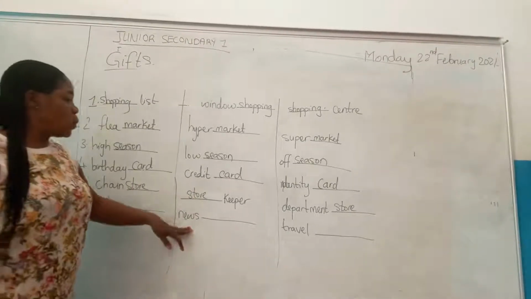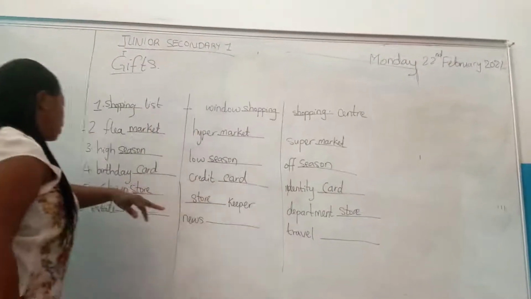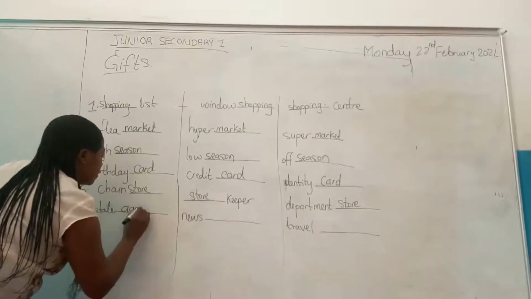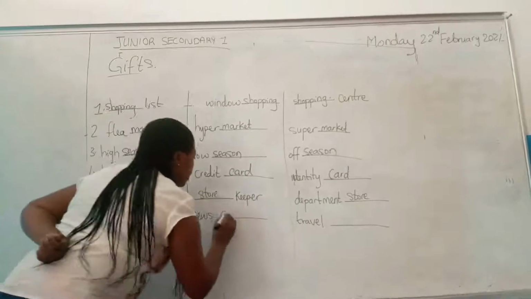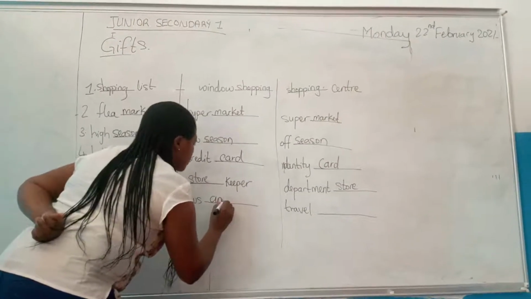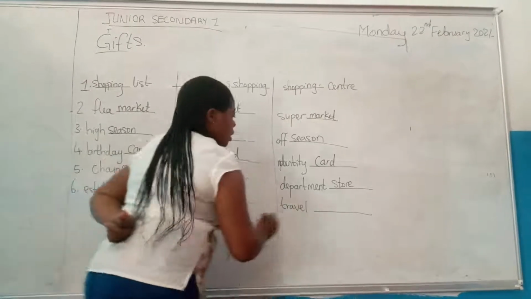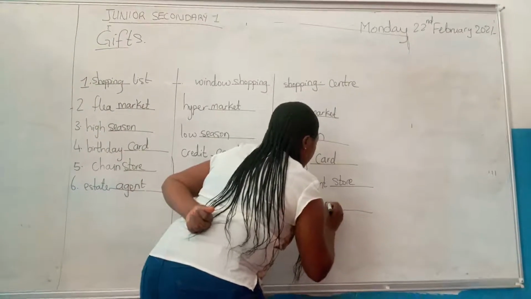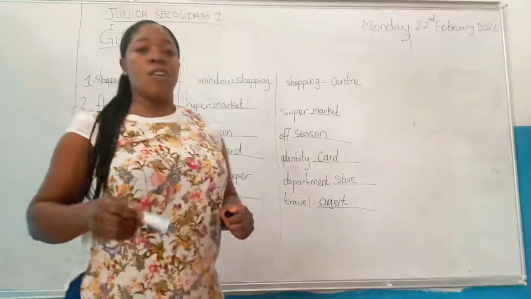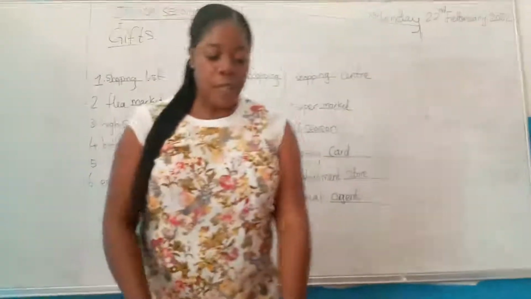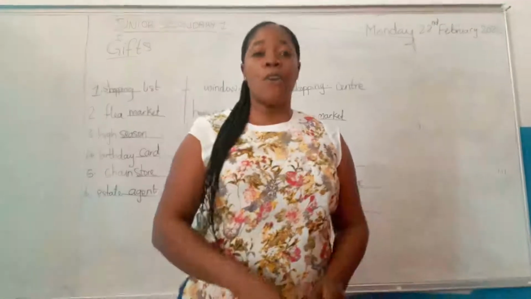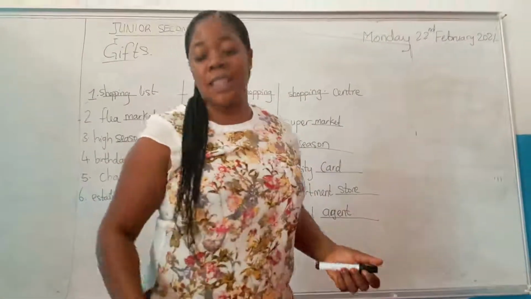Estate, news, travel: estate agent, news agent, and travel agent. So this is how you're going to do it in your notebooks. Thank you very much. Thank you for being there. I'm waiting for your homework. Thank you and have a great day.